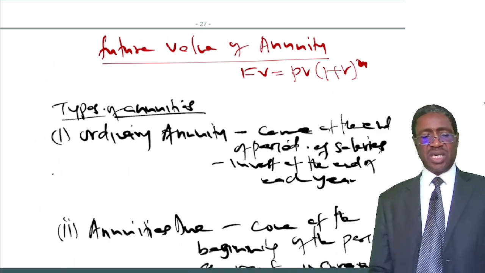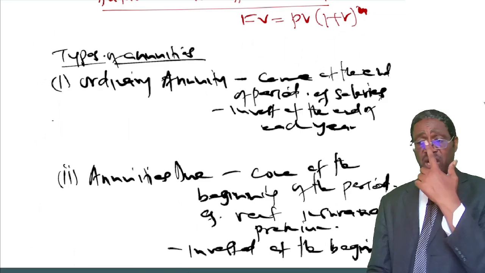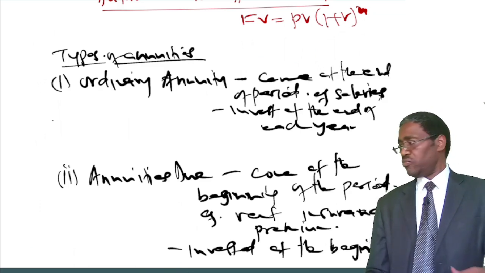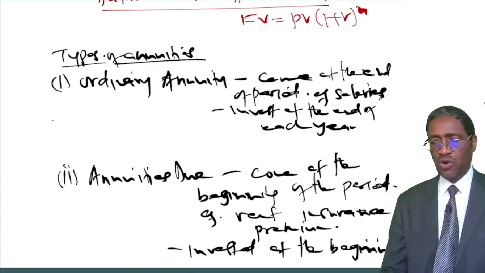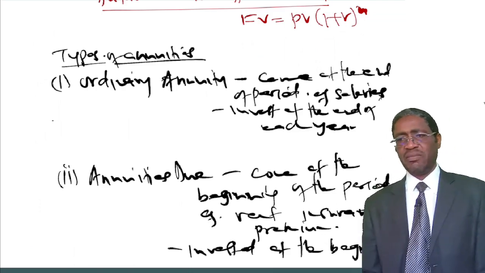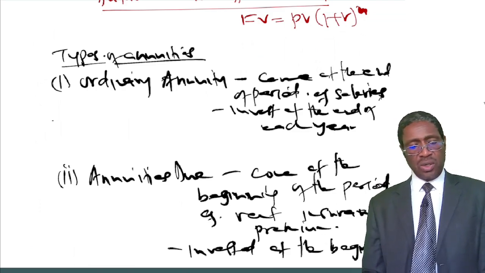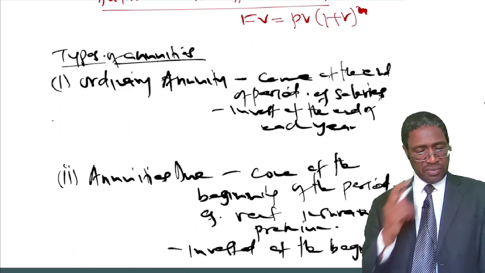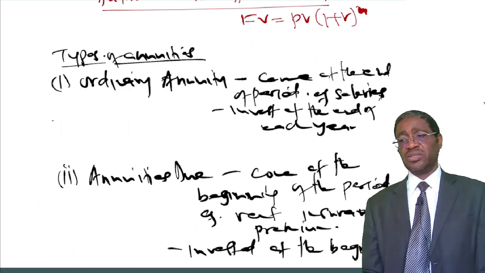And then you say this, another subheading below that, types of annuities. Then you say this, number 1, ordinary annuity, then you put a dash.